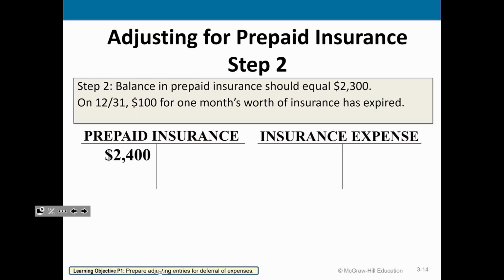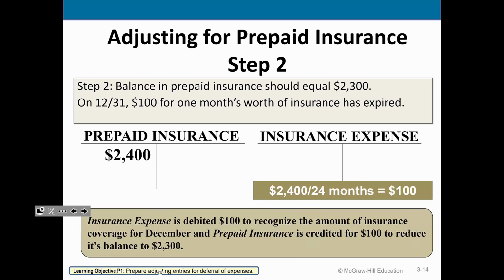And then now, as of 12/31, we have $100 for 1 month's worth of insurance has expired. So why $100? Right, so 2,400 divided by 24 is 100. We could do that in Excel, right? So then what are we going to do here?